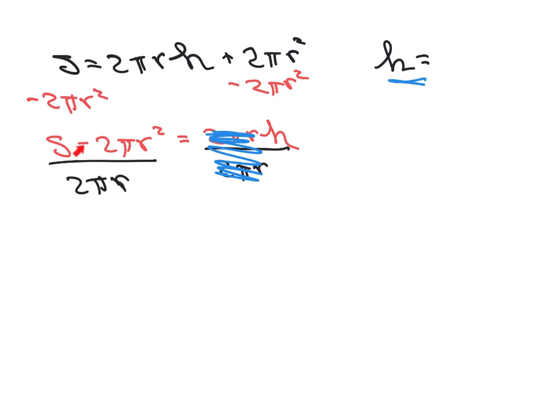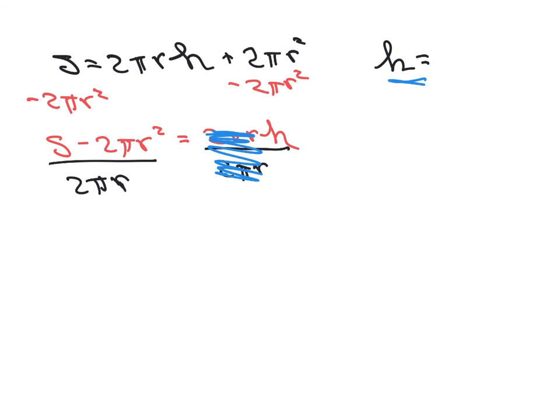So this means that there's a minus sign in front here. That means you cannot cancel this stuff with this stuff because this 2 pi r squared is connected to the S. It's kind of like this is a chain link. It's holding these two together. So therefore, you cannot cancel.